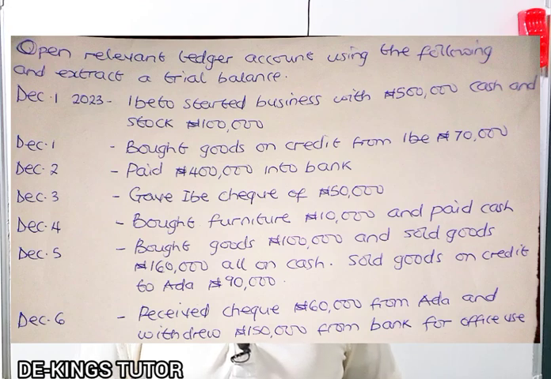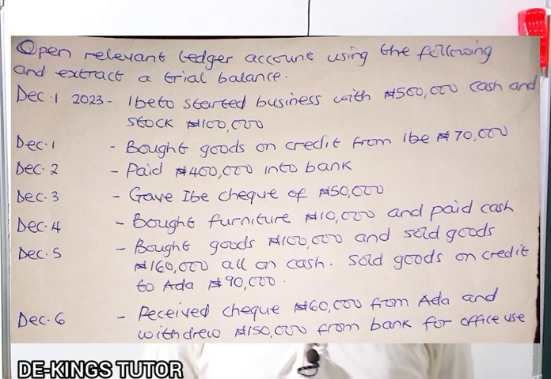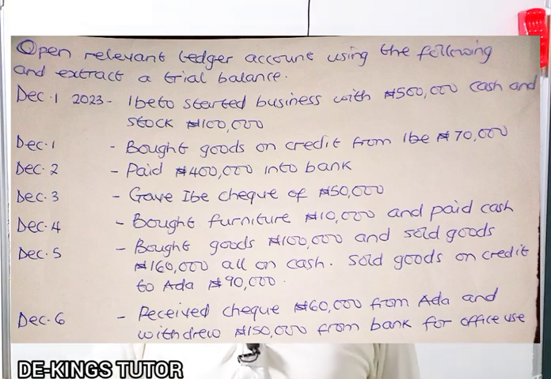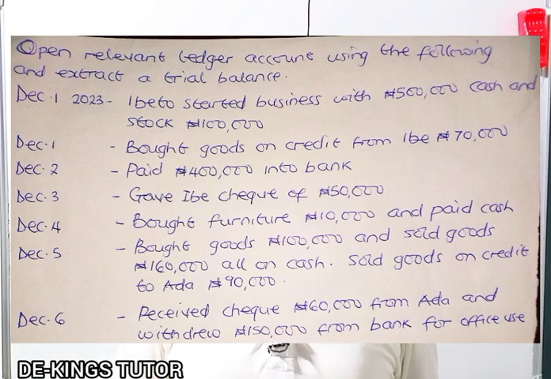December 4, bought furniture, 10,000 naira and paid cash. December 5, bought goods, 100,000 and sold goods, 160,000, all on cash. Then sold goods on credit to Ada, 90,000. December 6, received check 60,000 from Ada and withdrew 150,000 from bank for office use.